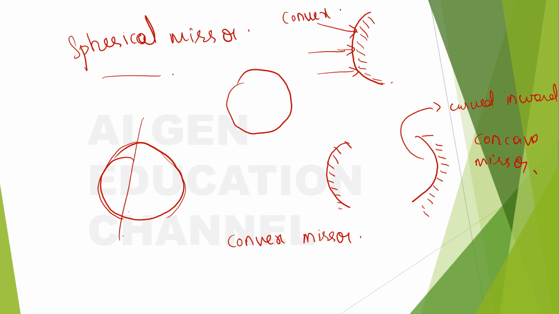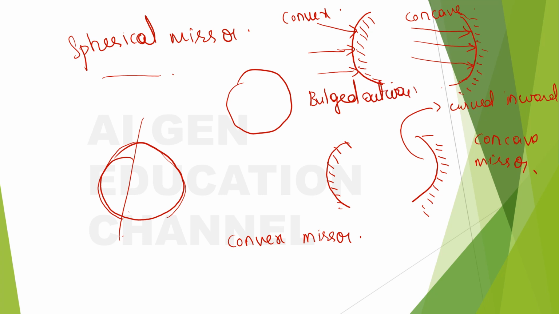Okay, now if you take a mirror of this sort, and here all it has been silvered and all the rays will fall here and will be reflected by this surface, then it is called what? Concave mirror. Okay, so it is curved inwards and this is bulged outwards. It is important to remember this one.